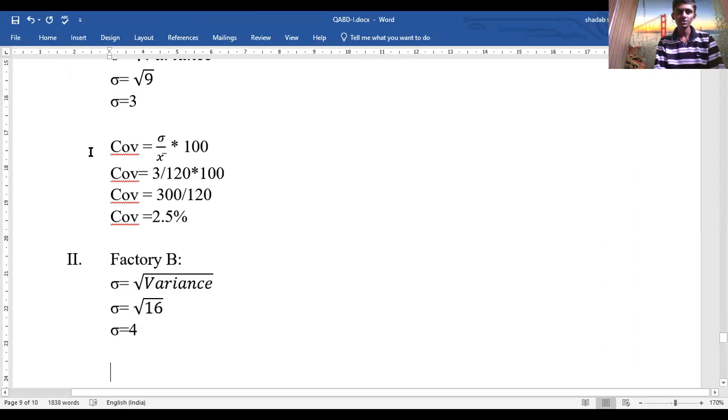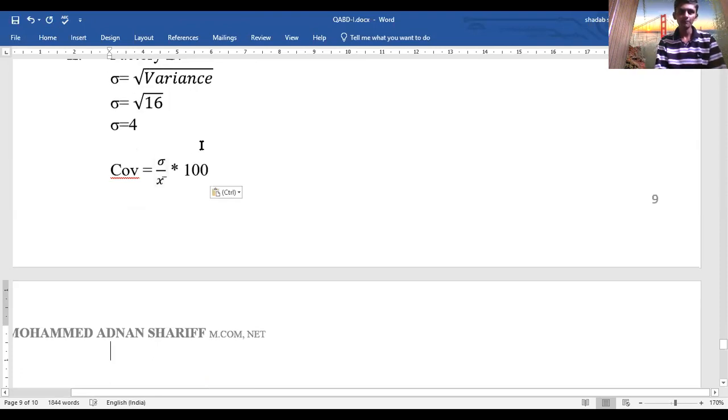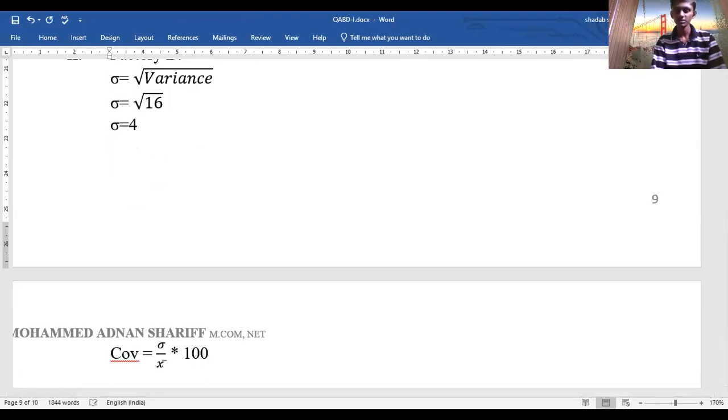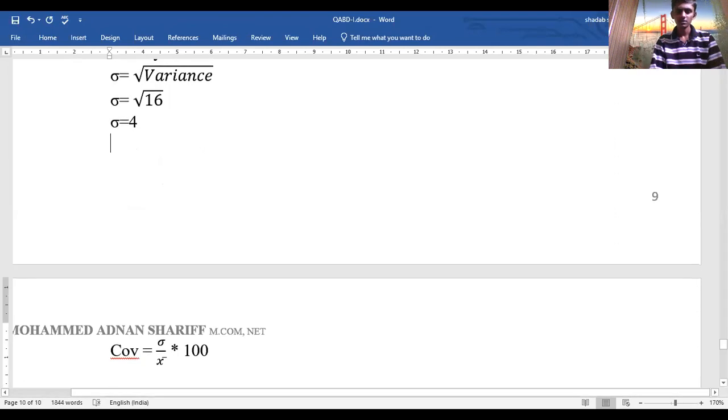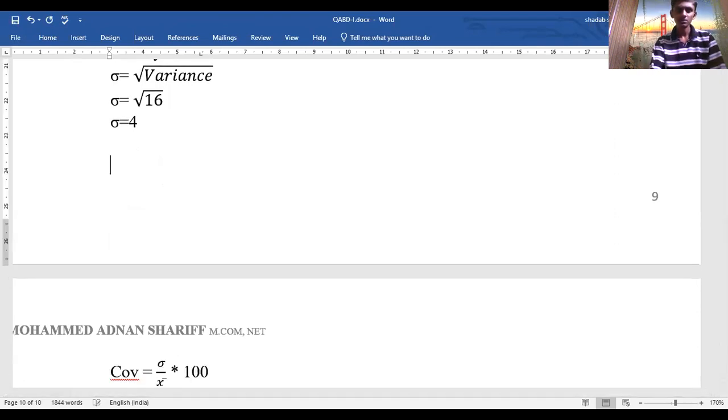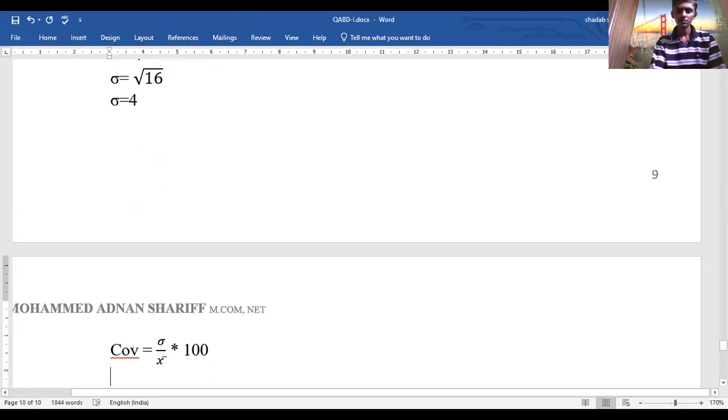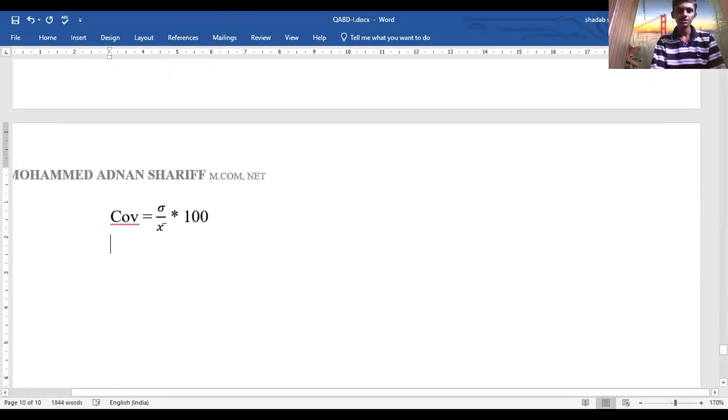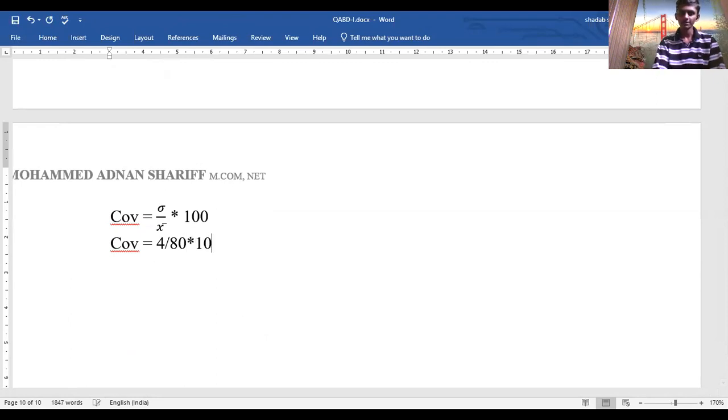Moving further, we have to find the coefficient of variance. Same formula: coefficient of variance equals standard deviation, that is 4 which we have calculated, divided by mean, which is 80, into 100.